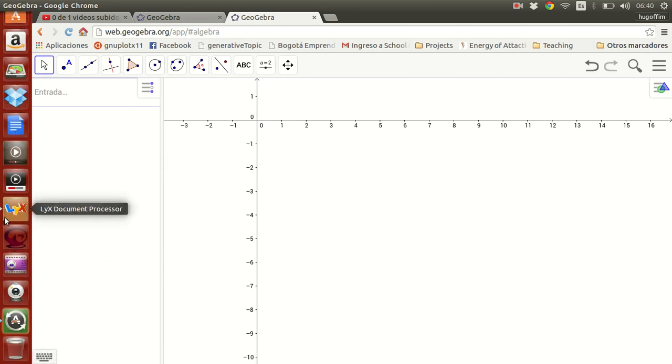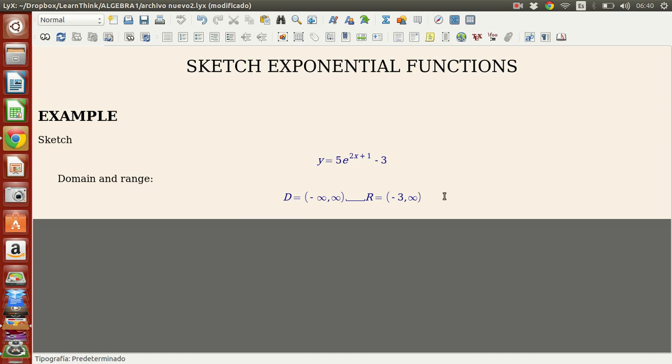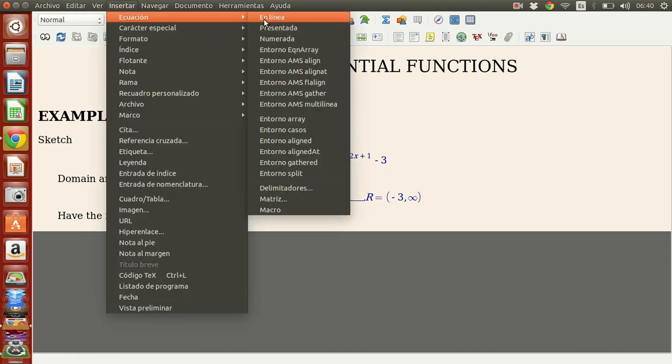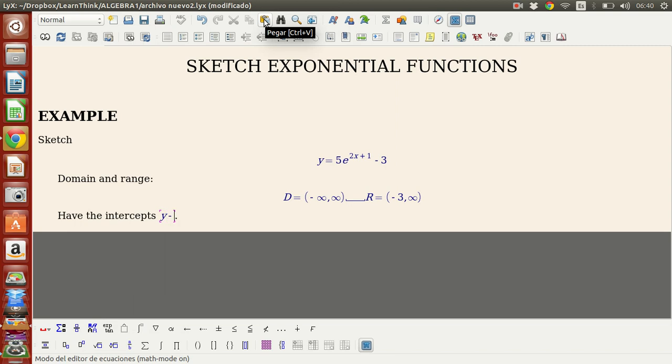Let's continue. We determined domain and range. Now we have to pass to the next step. The next step I usually follow is to find the intercepts. First, the y-intercept.